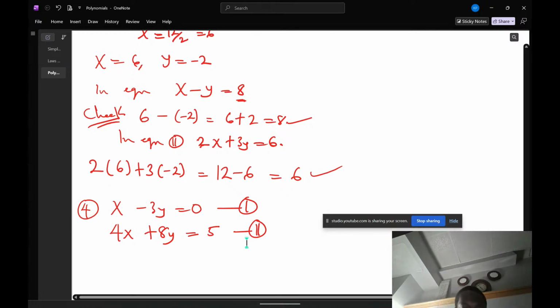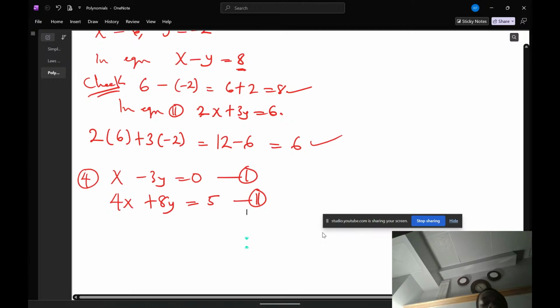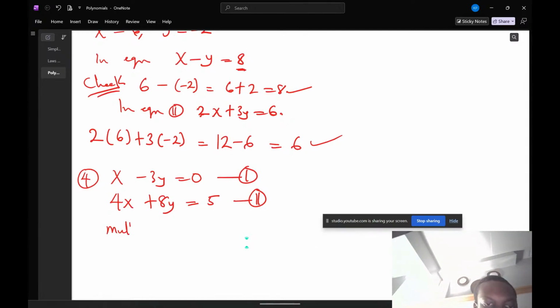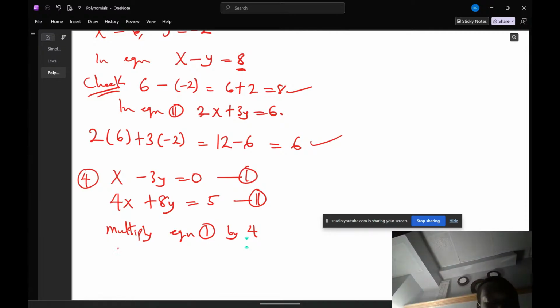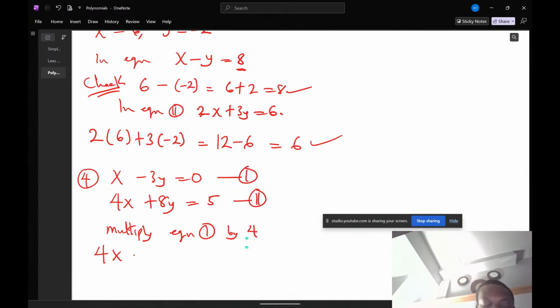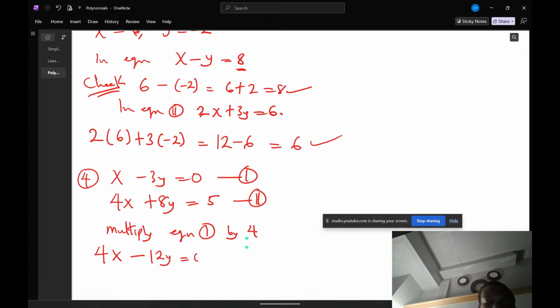So now, in this case, we can multiply equation 1 by 4. If we multiply equation 1 by 4, we have 4x minus 12y is still equal to 0. So this will be our equation 3.